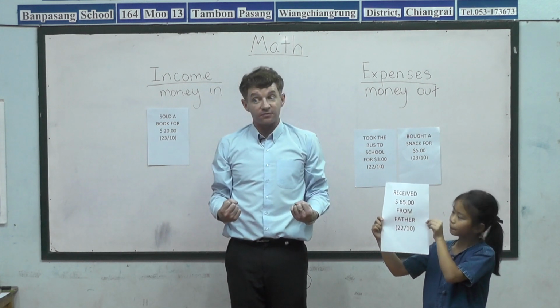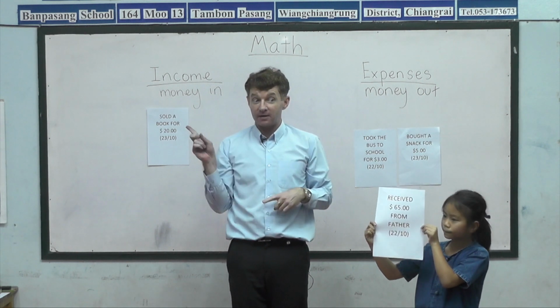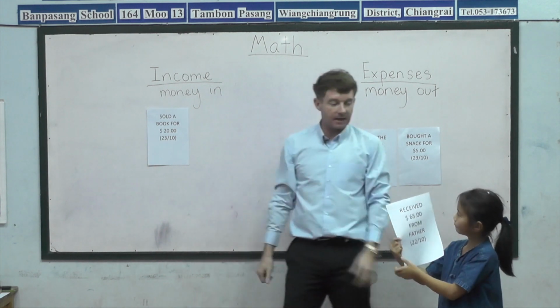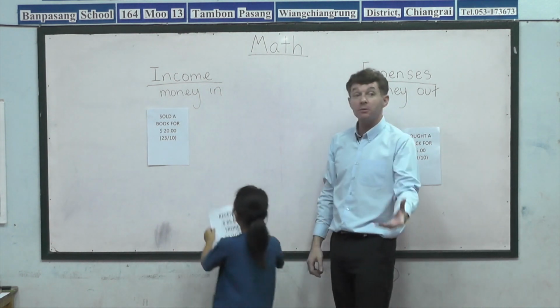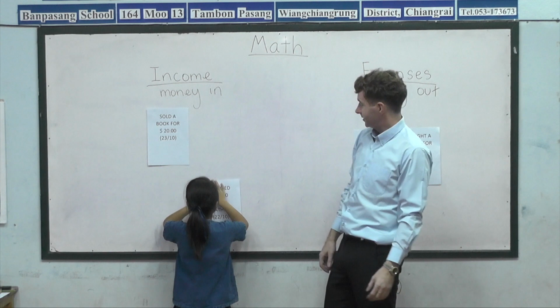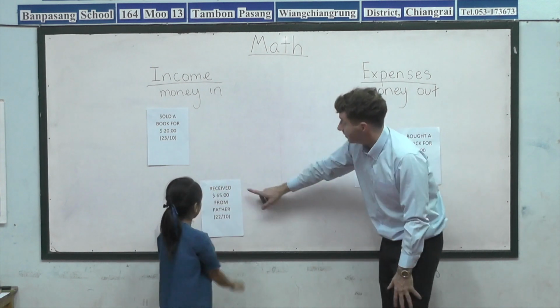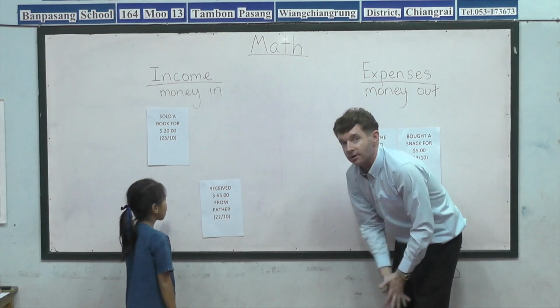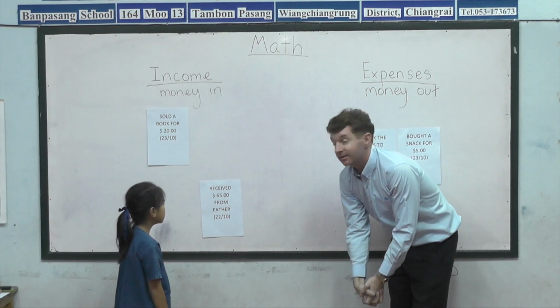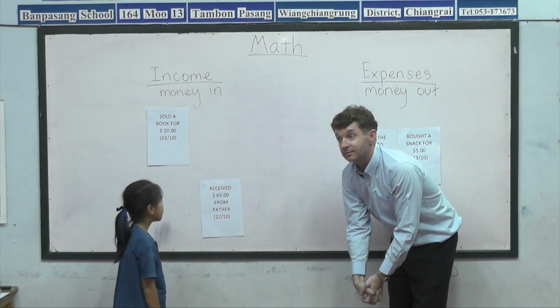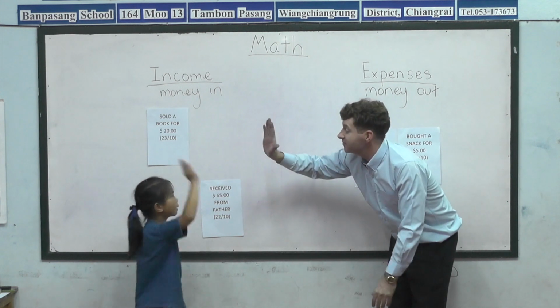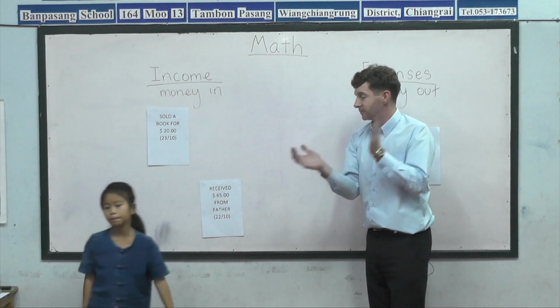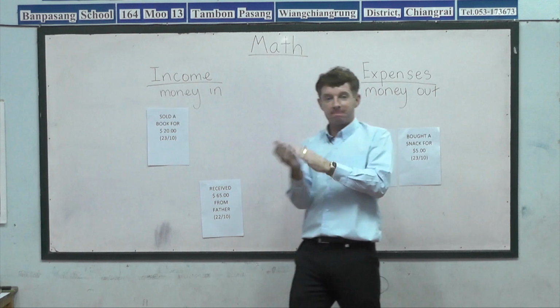Is that expense or income? Income. Perfect, guys. It's income. Money we receive. So one more time. Received $65 from father. High five. Big round of applause for Prel. That was excellent.